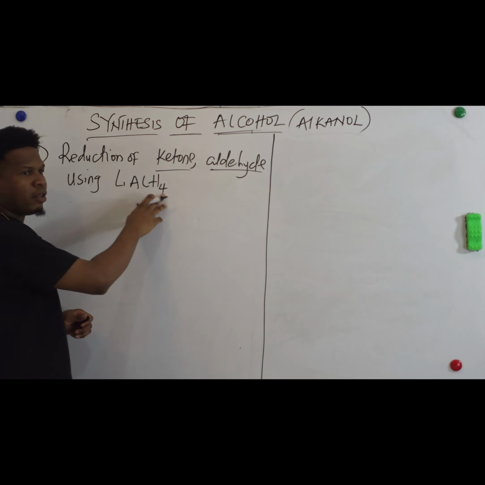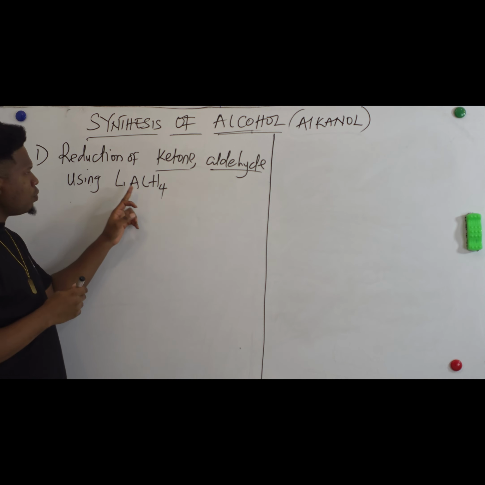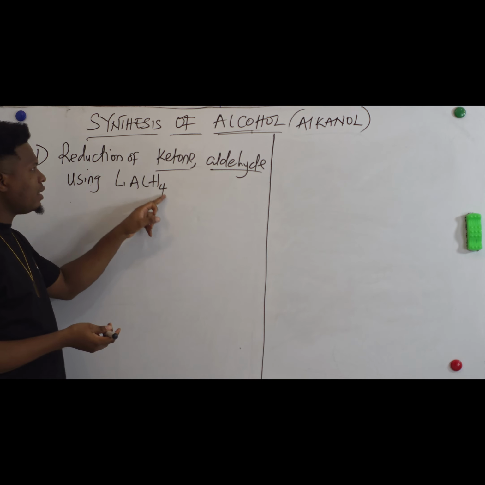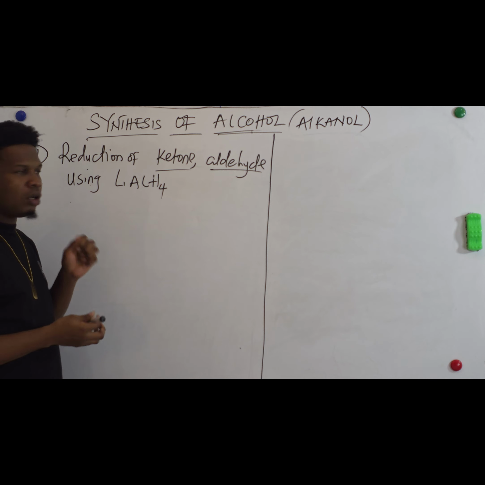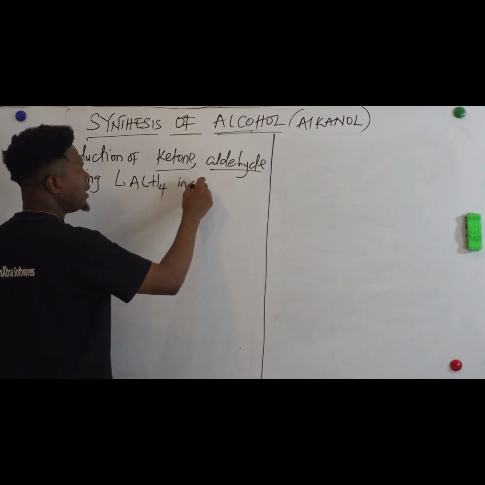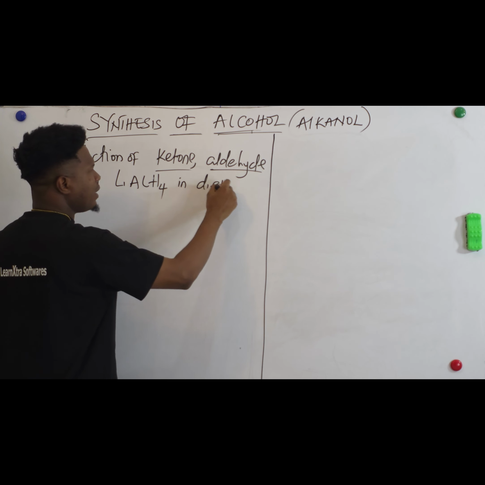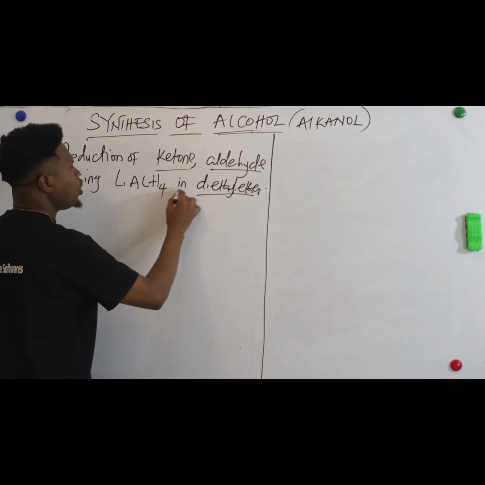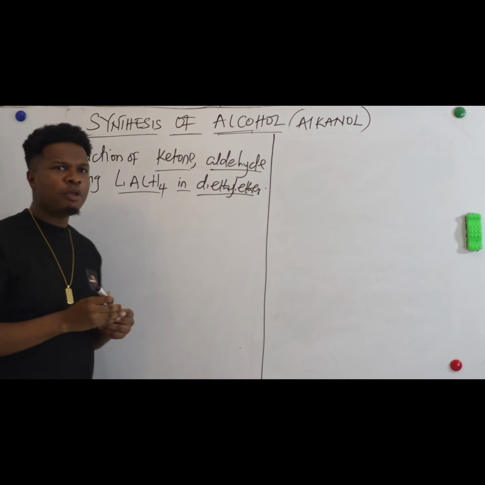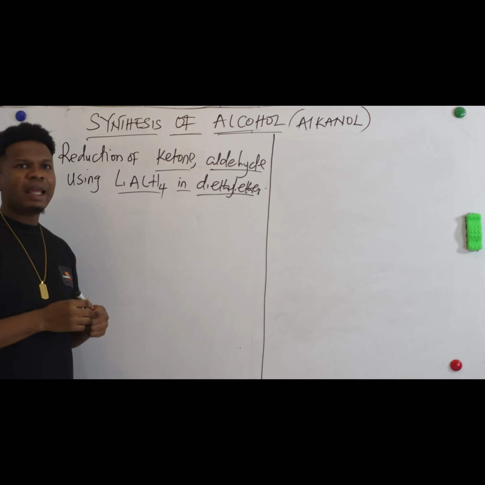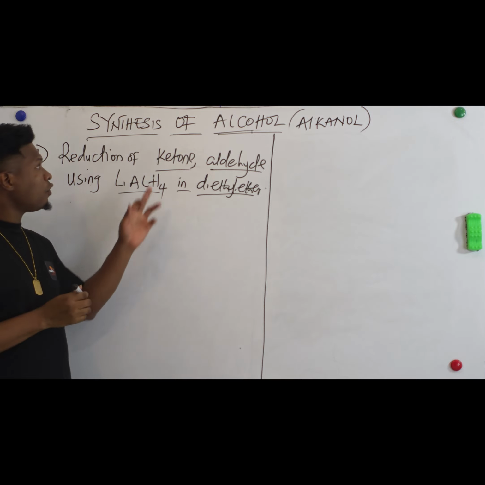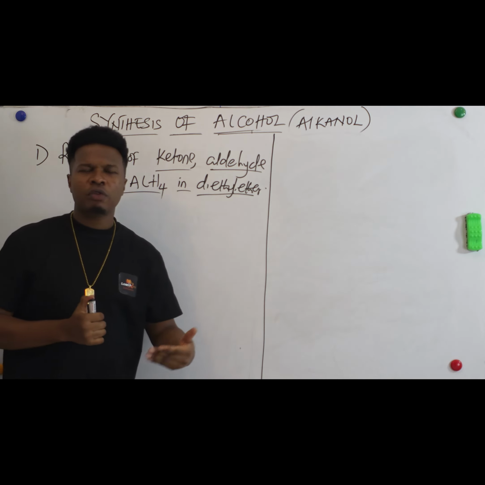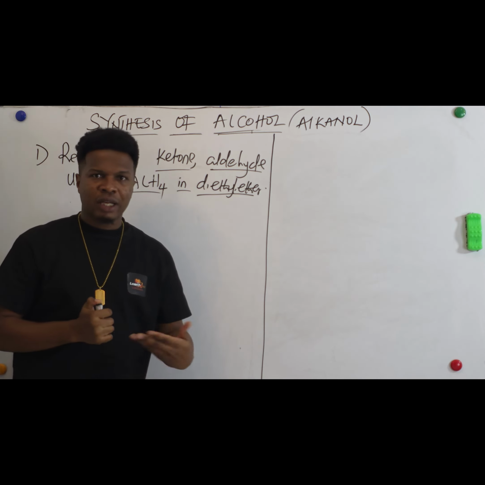You can also call it lithium tetrahydroaluminate(III), in diethyl ether. Reduction of ketone and aldehyde using lithium aluminum hydride in diethyl ether will give you an alcohol, depending on the class you are looking for.